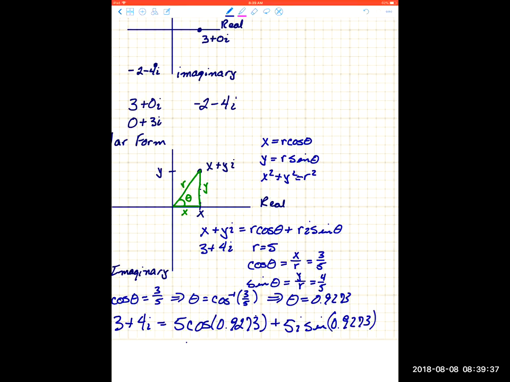And it's because of a thing called Euler's formula. So Euler was a mathematician of the Middle Ages. And what he found was that we can rewrite the polar form of a complex number. So consider a complex number z, which equals r cosine theta plus ir sine theta.